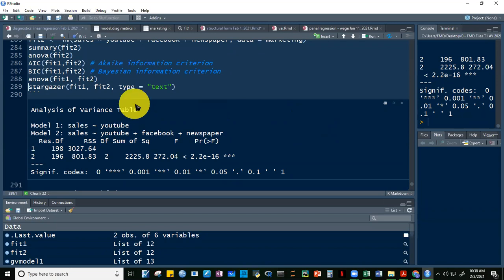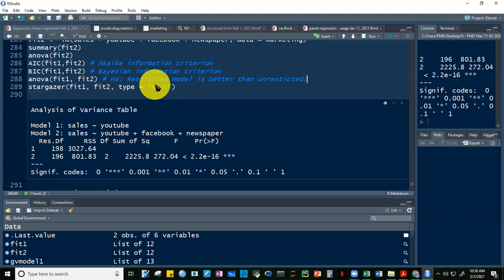Null hypothesis is H0 natin. Restricted model is better than unrestricted.